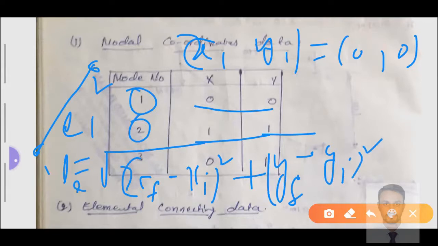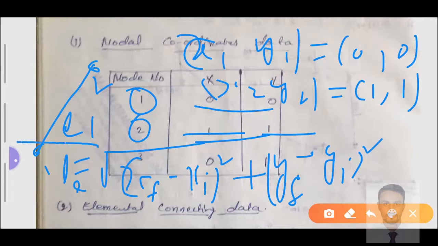The final node is 2, so what is the value of x2 and y2? That equals 1, 1. It is away from the x-axis by 1 meter and from the y-axis by 1 meter, so 1, 1. This is the final value, x final means x2, and this one is the initial value. So for x initial we substitute 0, and the x final value is 1.